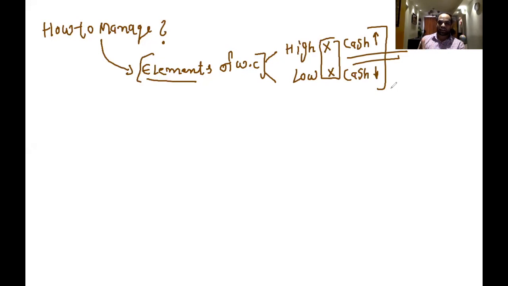If you keep the right level of each of these elements, we're able to manage our working capital. If the level of these elements is not right, not accurate, or not appropriate, in this situation, we may not.